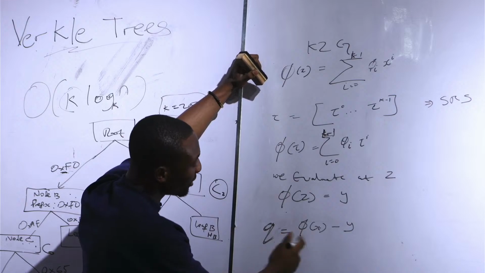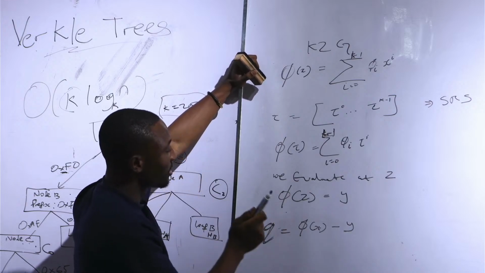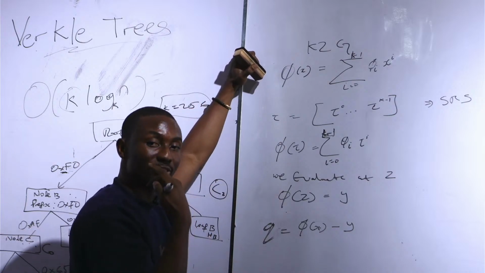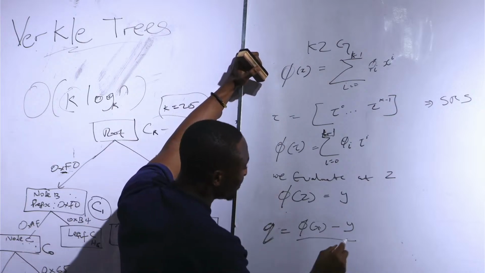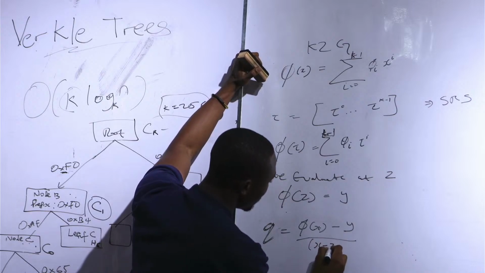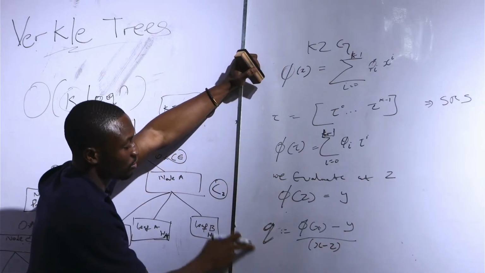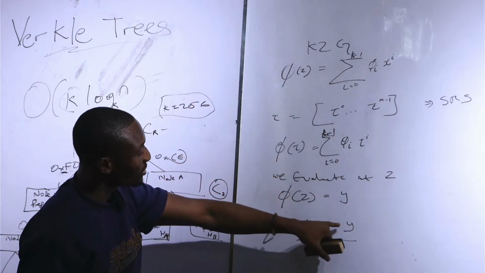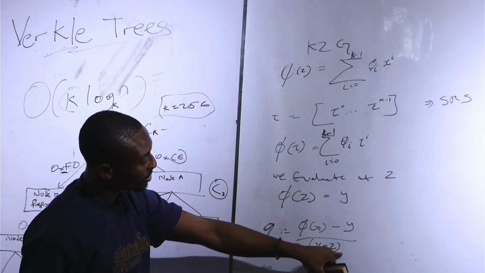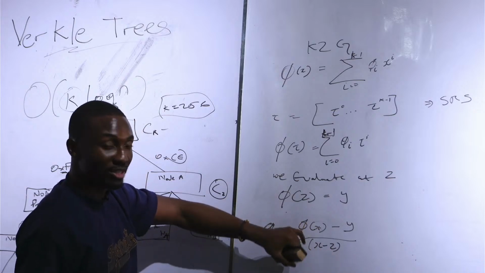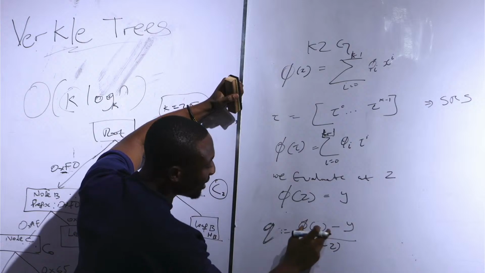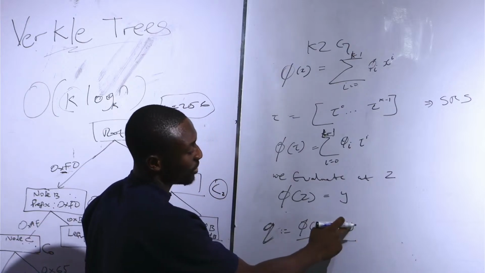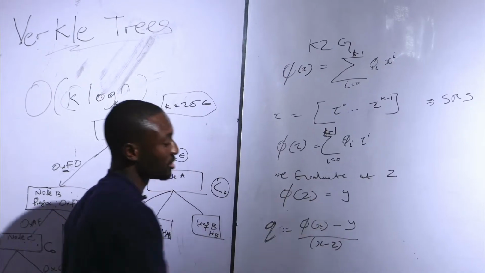But if I divide this polynomial by x minus z, it will divide successfully. So I can have this: the initial polynomial minus this evaluation, divided by x minus z, will give me another polynomial, the quotient. So x minus z divides this new polynomial completely. This y value will be a constant, so this divides it completely.